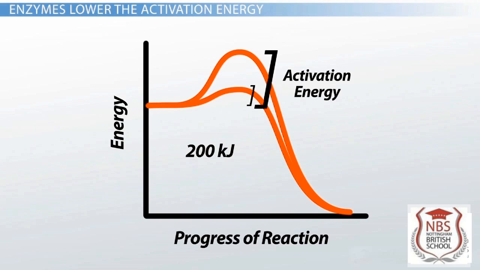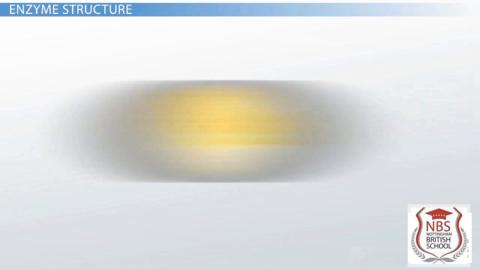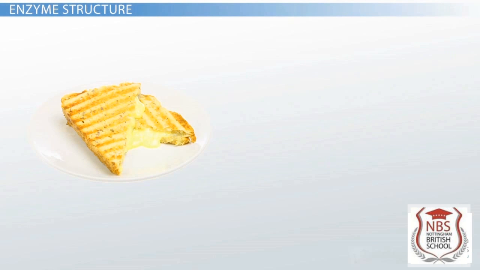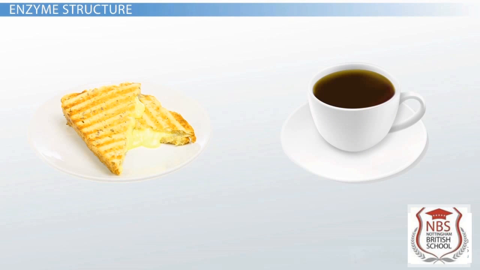In other words, if enzymes were helping you build a snowman, you'd be done quicker, but you'd have just as much fun. Most of us are fortunate enough to be able to enjoy a grilled cheese sandwich or a hot chocolate when we're taking a break from building our snowman outdoors in the cold. This is because our cells contain an enzyme called lactase. It is interesting to note that many enzyme names end in the suffix -ase.